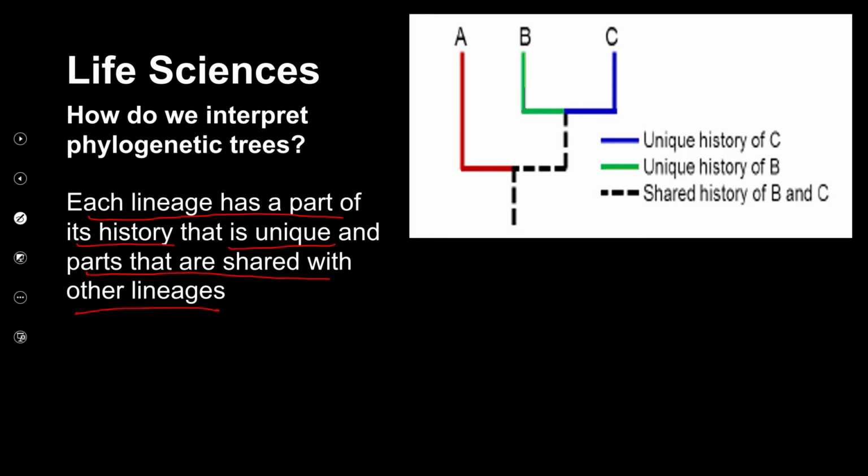Here's our common ancestor, and they all share the common ancestor, so this one here. But as we move up, here is a speciation event, so that's where speciation occurred, and we had the formation of species A and B. Okay, so we had A and B forming there.